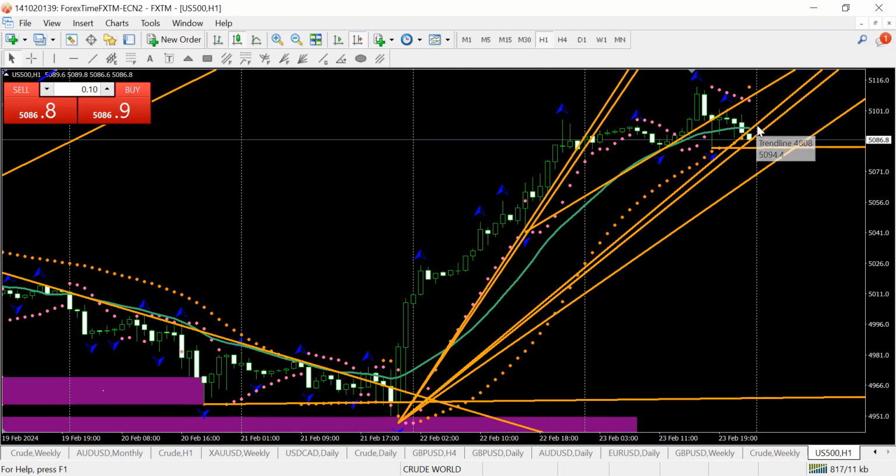If market should close above this, we resume bullish move. But once it breaks this also, at this point you can cut your loss very quickly, because if you form a bullish engulfing of this candle at this point, that means that this market will have momentum to go up.